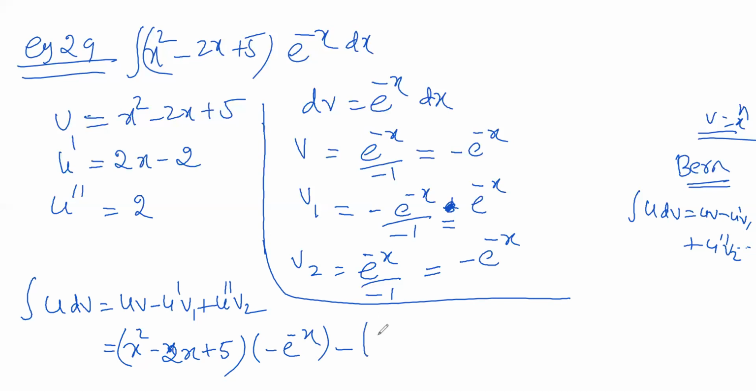What is u dash? 2x minus 2, u dash into v1. What is v1? E power minus x. Next formula, plus u double dash, that is 2, into v2. v2 is minus e power minus x. Yes, with this integration over, so plus c.